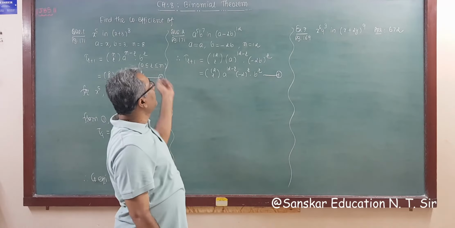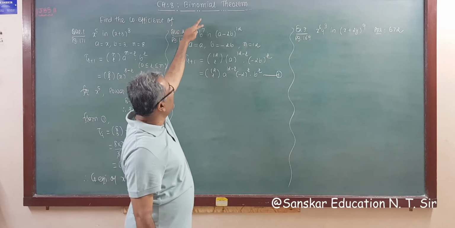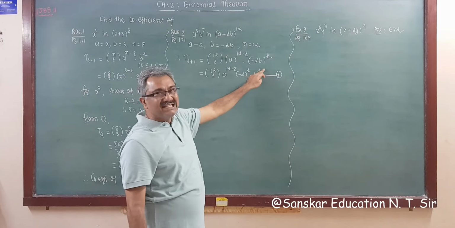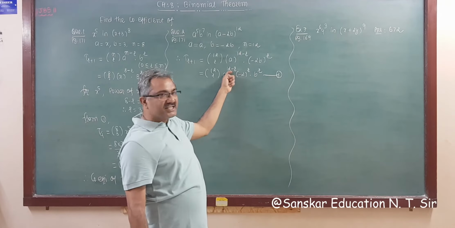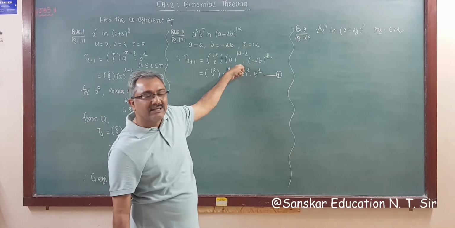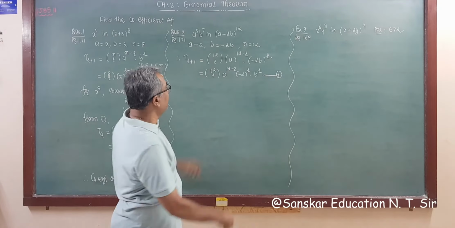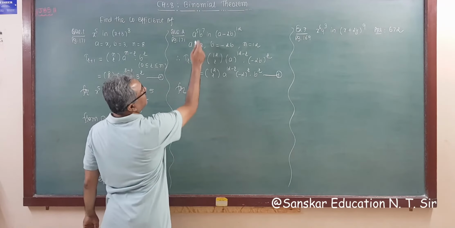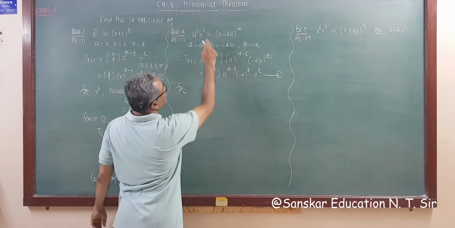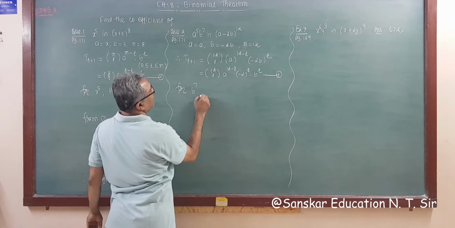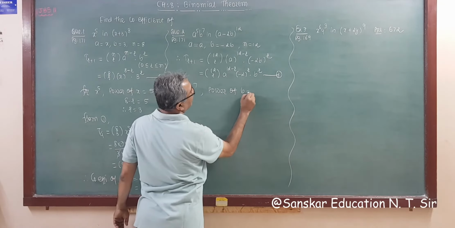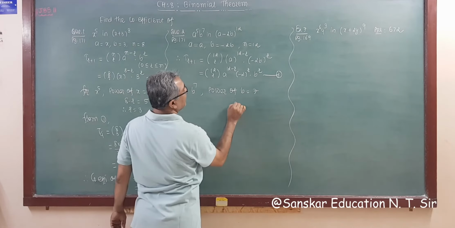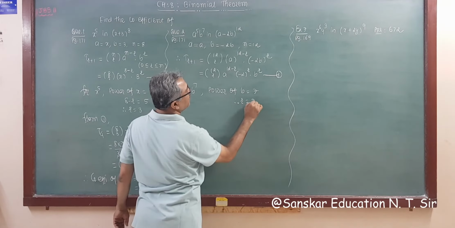Now we need the coefficient of a raised to 5, b raised to 7. So power of b is 7. If we take r equal to 7, then the power of a will be 12 minus 7, which is 5. So we get this. For b raised to 7, power of b is equal to 7, that is r is equal to 7.